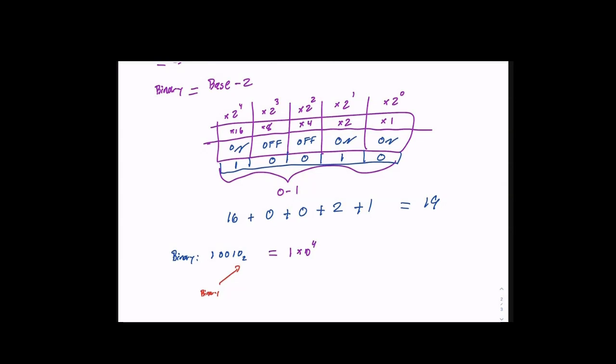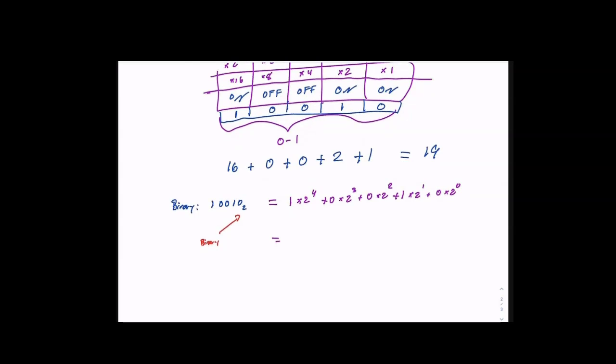We can see now that this is the same thing as 1 times 2 to the fourth plus 0 times 2 to the third plus 0 times 2 squared plus 1 times 2 to the first plus 0 times 2 to the 0.